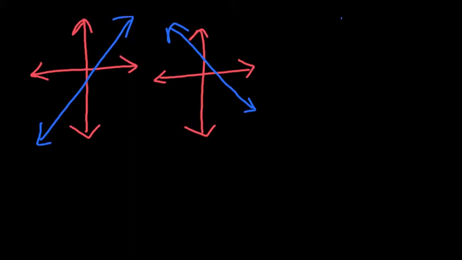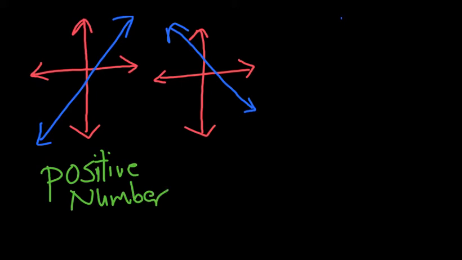Look at these two graphs. Without even knowing the specifics of the graphs, I can tell that on the first graph, the slope is a positive number. When the graph is slanting in that direction, slope is positive. On the second graph, my slope will be a negative number.